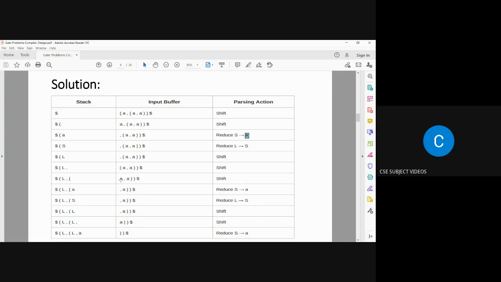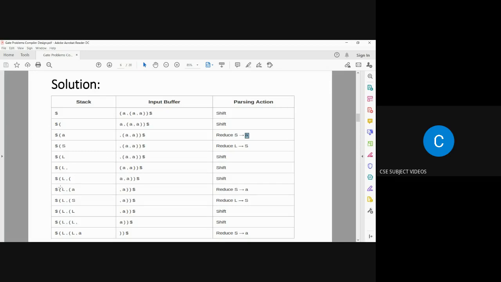We are shifting next input symbol to top of the stack. Now dollar open bracket l comma open bracket, remaining input symbols a comma a close bracket dollar. Again we are doing shift operation, because with open bracket we will do nothing. So we shift next input symbol from input buffer to top of the stack.